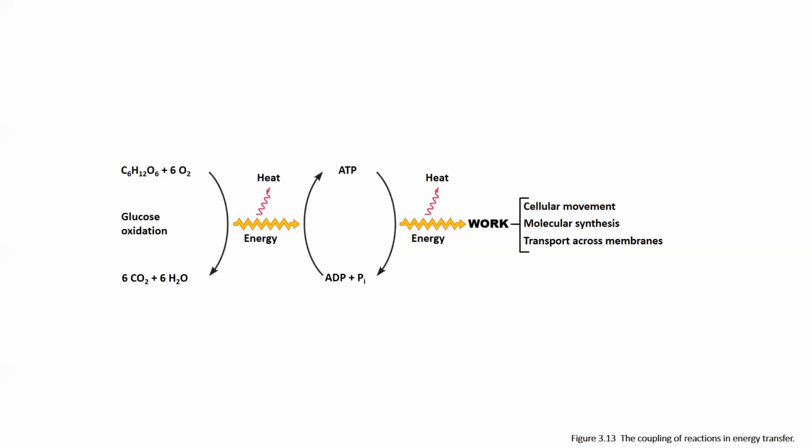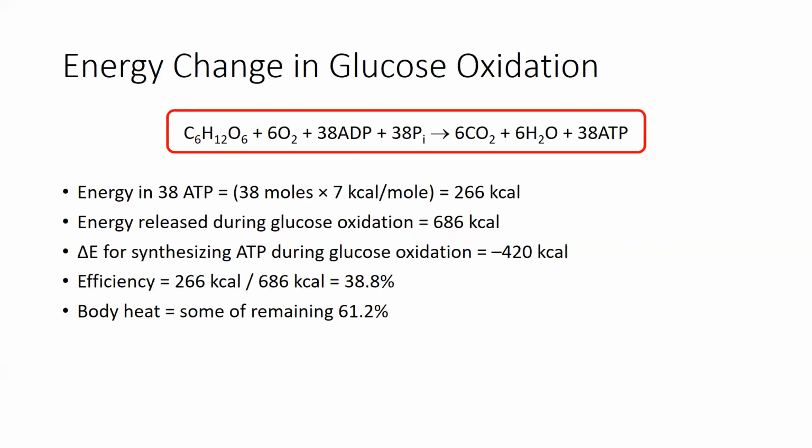This is not by any means an efficient process. Some of the things we can use this energy to do are cellular movement, transport, and molecular synthesis of hormones, antibodies, et cetera, and that is how we harness the energy to do these types of work.